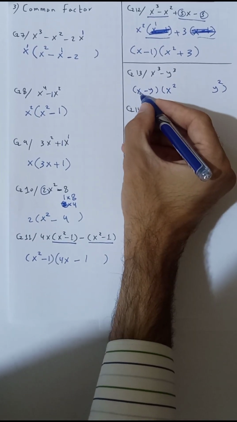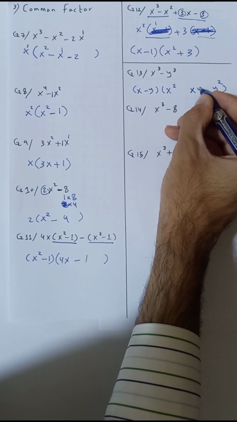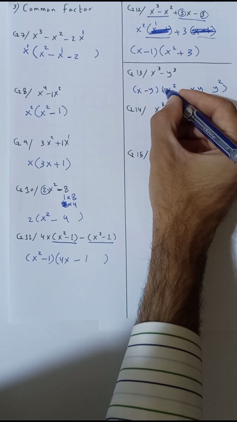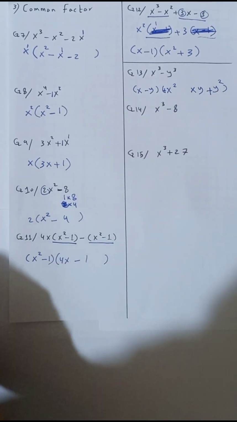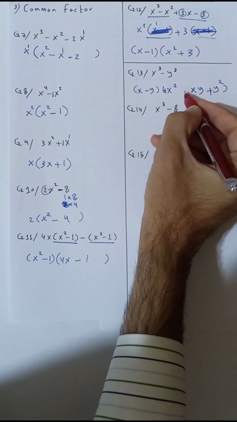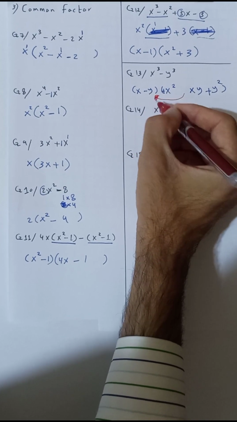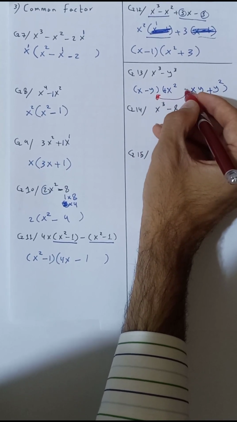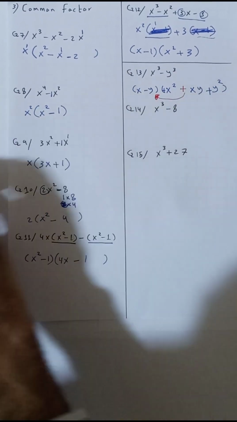Now x times y for the middle. The first term always will be positive, the last term always will be positive. The middle term always will be opposite of this sign. The sign is negative, so this sign will be positive.